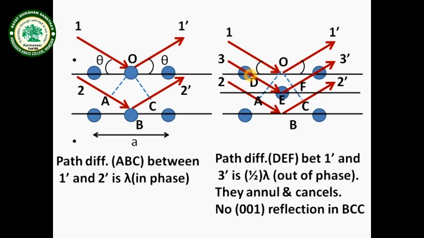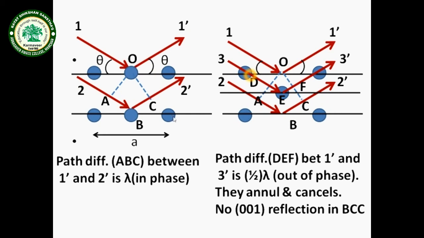So here, regarding 1 prime and 3 prime X-rays, the path difference is DE plus EF, or DEF, representing the path difference between the light rays of 1 prime and 3 prime. And here certainly it has been reduced as compared to the older one.